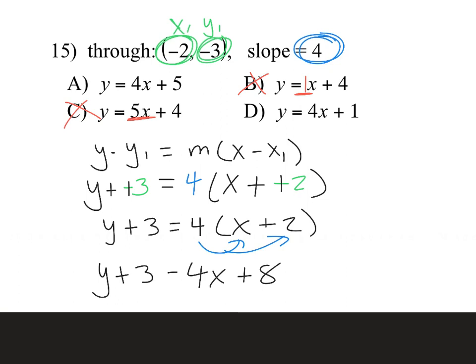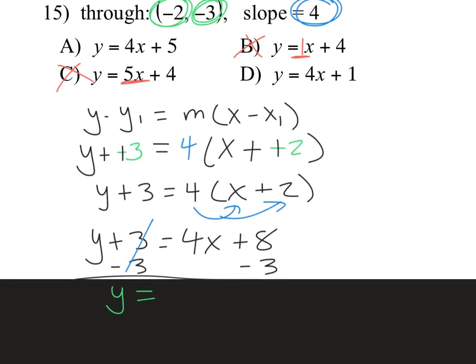And then I still need to isolate the y. So I'm going to isolate that y by subtracting 3 from both sides. That'll leave me with the 3 isolated. So it'll be y equals, and then 4x, 8 minus 3 is plus 5. So we know that in this case, the answer should be A.